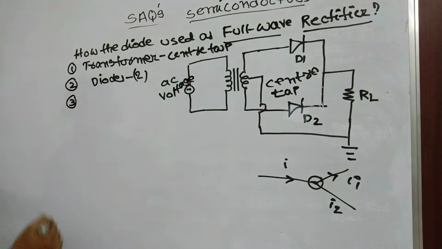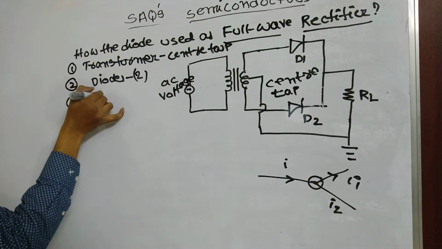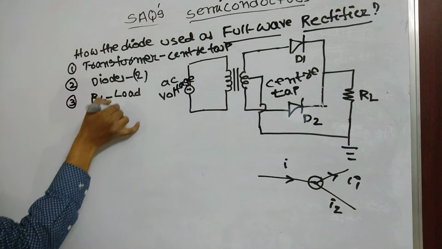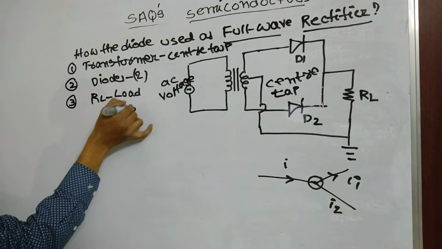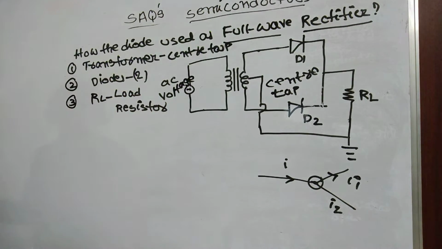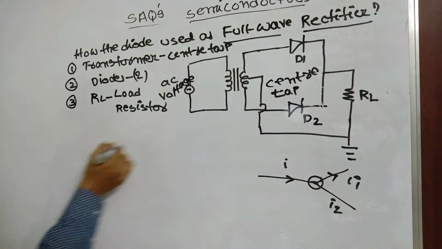The nature is center tap. Then the load, or the load resistor. These are the points. Now how should this full wave rectifier work?